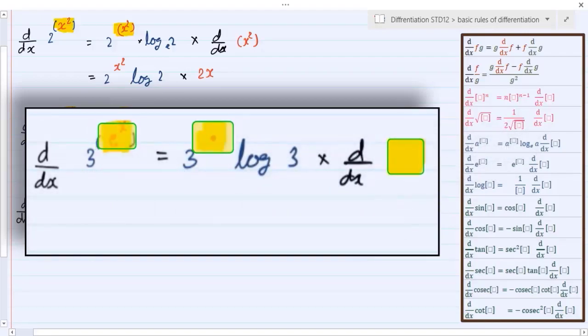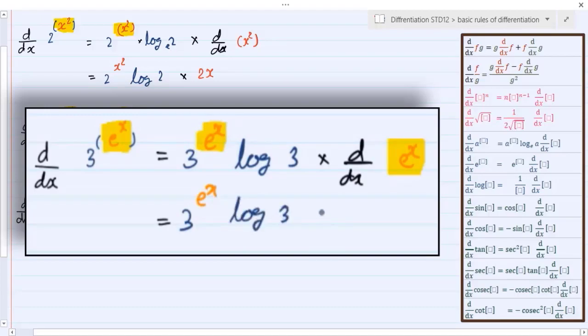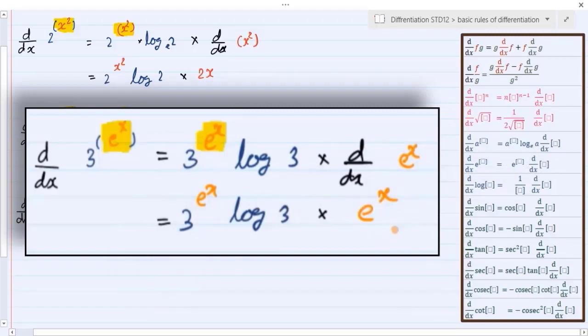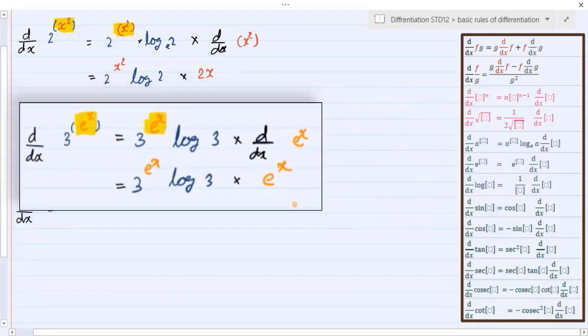Within the box we have e raised to x. Now we don't have to worry about this 3 raised to e raised to x into log 3. We just have to focus on differentiation of e raised to x, which is e raised to x. So tada, you can consider this as your final answer.